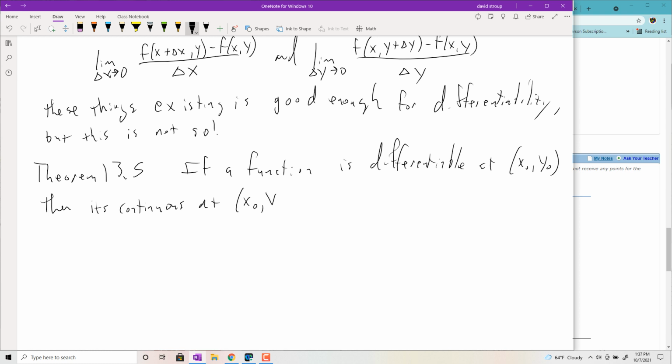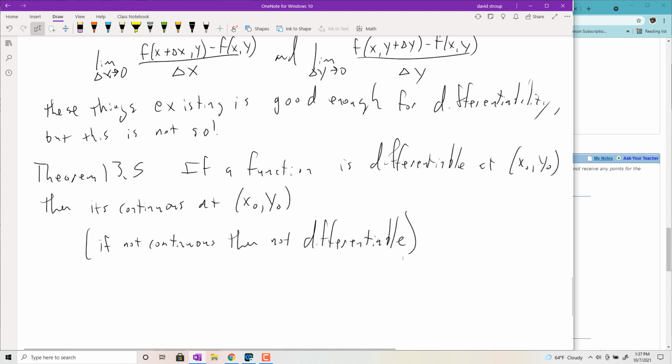And then the contrapositive of that statement will also be true. Okay, so if not continuous, then not differentiable.